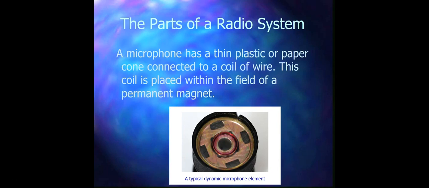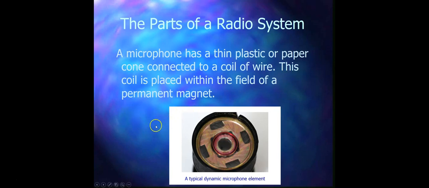Thus a voltage is generated in the coil, and that is a copy of the sound wave that entered the microphone. Most microphones produce about 10 microvolts at a power level of about 40 microwatts. Since this voltage and power are small, amplification is needed so that the higher amplitude signal can be transferred.